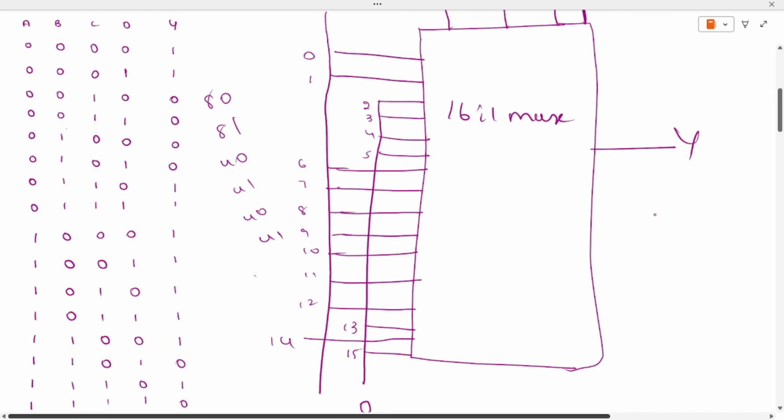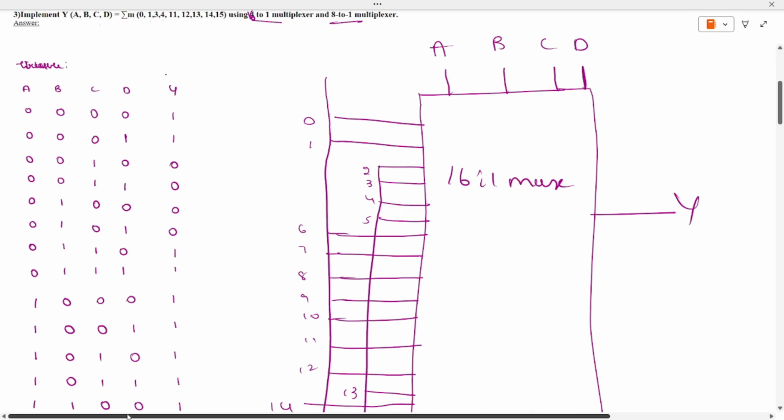The same way you will take, first 8 zeros, next 4 times, next 0 0, next 1 time. That is the formula you will follow. If you are finding it difficult to remember the truth table, this is one method you can use to remember it.